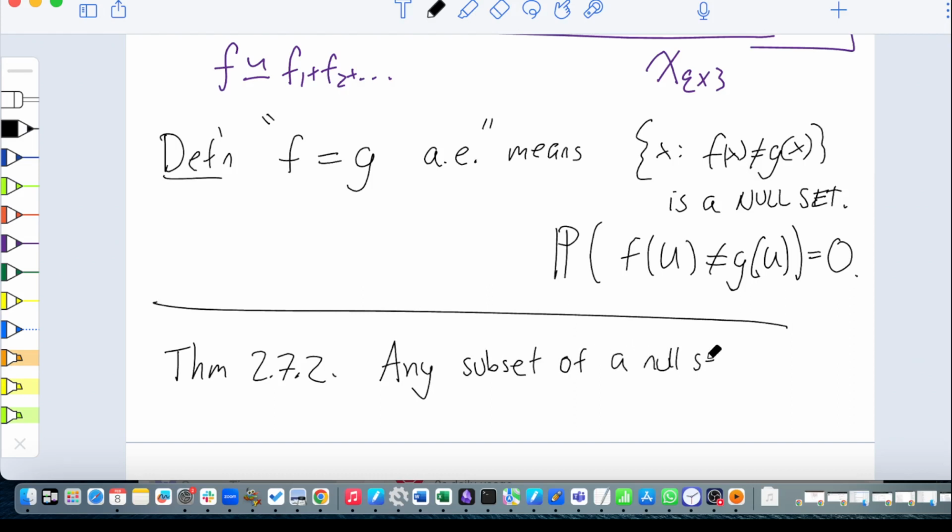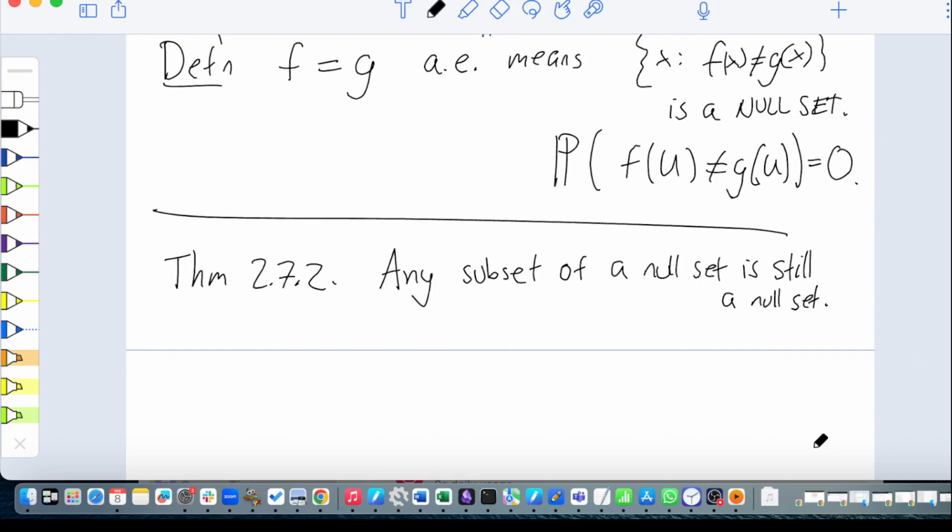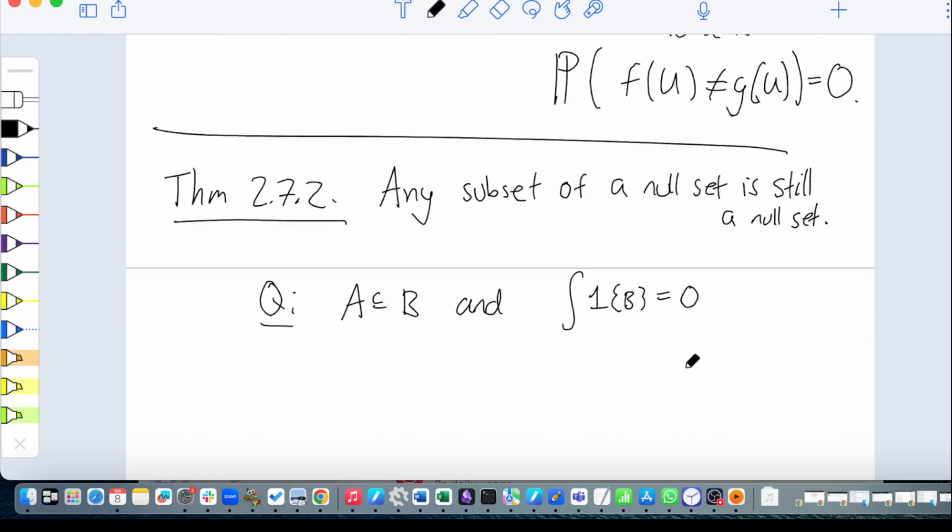The only hard part is that if you take a subset of a null set, maybe it's not integrable at all. So the real meat of this theorem is the question: let's say A is a subset of B, and the integral of the indicator function of B equals 0, so B is a null set.